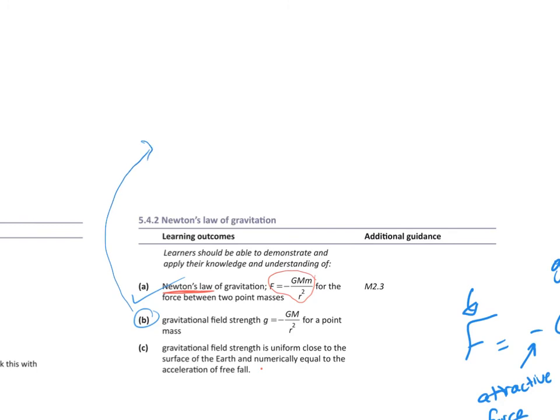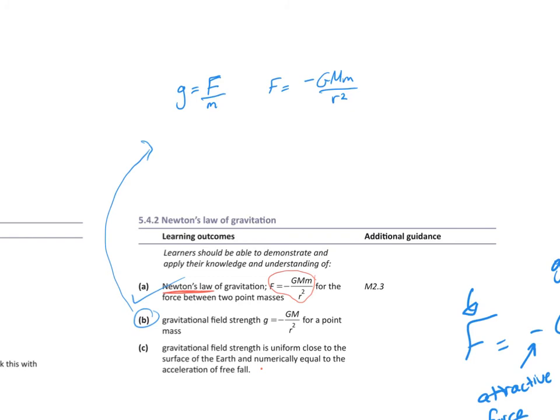We said that the gravitational field strength is defined as the force experienced by a point mass at that point per unit mass. So gravitational field strength is force per unit mass at a point in space. And we also learned that the force in the radial field between two point masses is minus GMm over r squared.